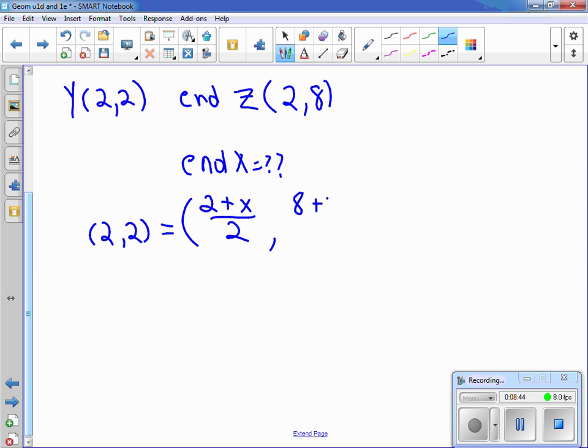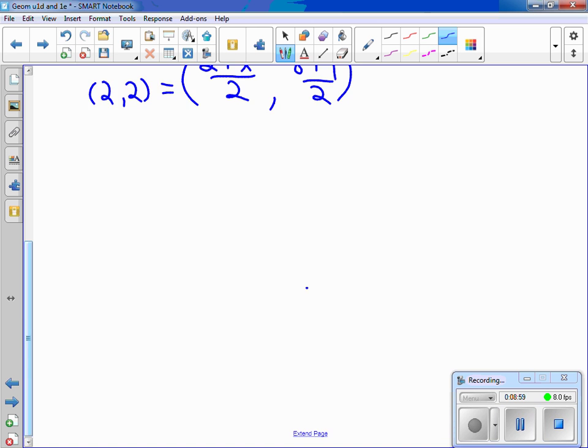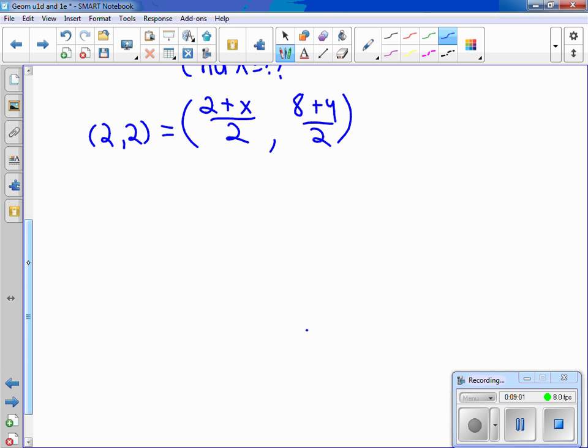So essentially we are going to have 2 algebraic problems to solve: a y coordinate problem and an x coordinate problem. Our x coordinate problem is going to look like this. We'll take the x coordinate from our midpoint and set it equal to 2 plus x over 2.